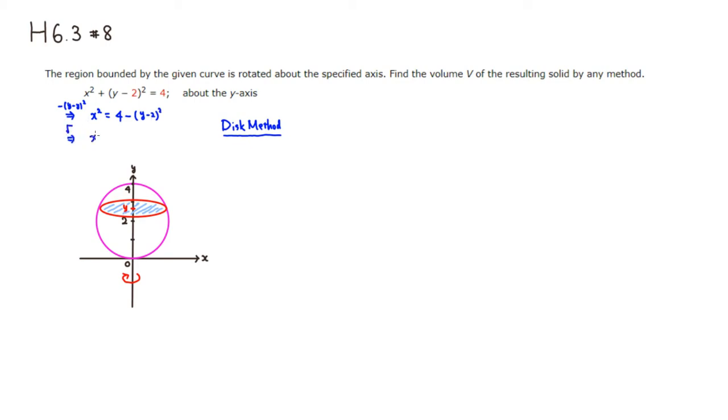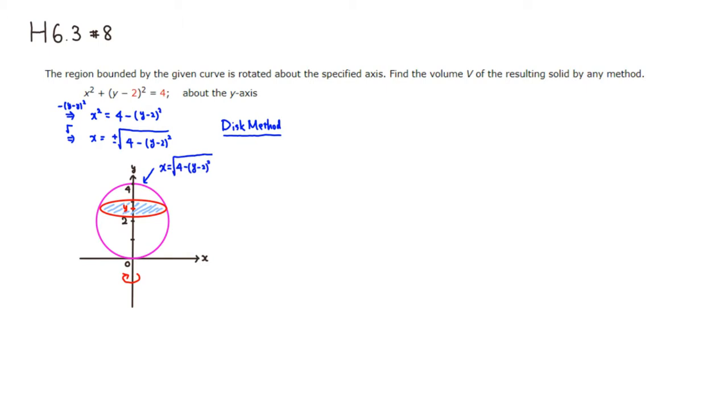So you have x equal to plus or minus the square root of 4 minus (y minus 2) squared. We know that the curve on the right, the semicircle on the right, is x equals the square root of 4 minus (y minus 2) squared.